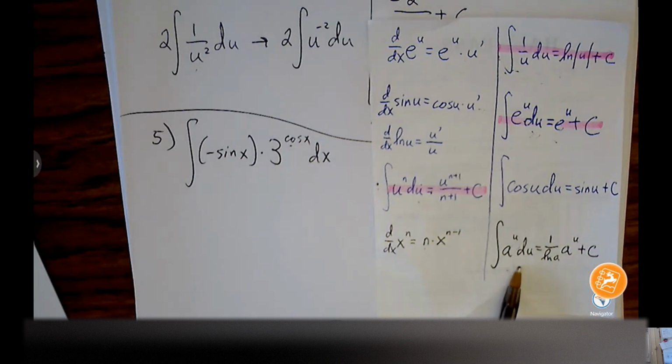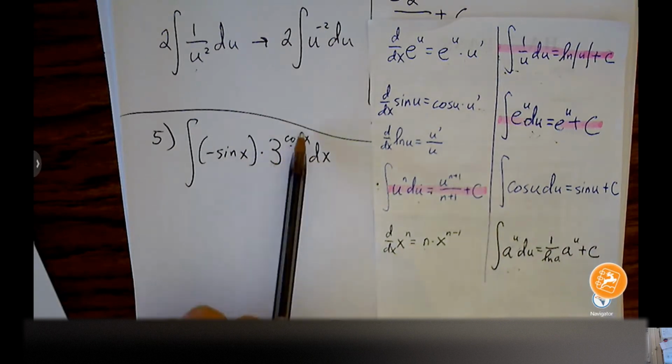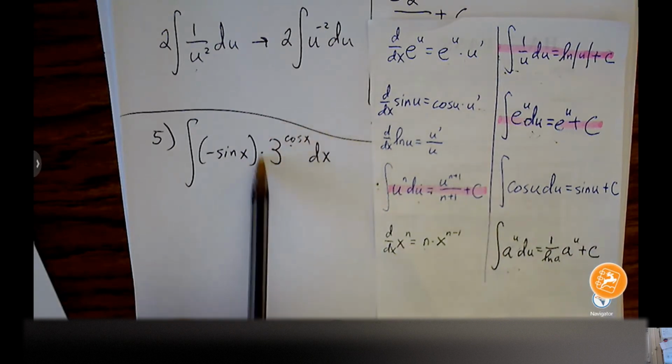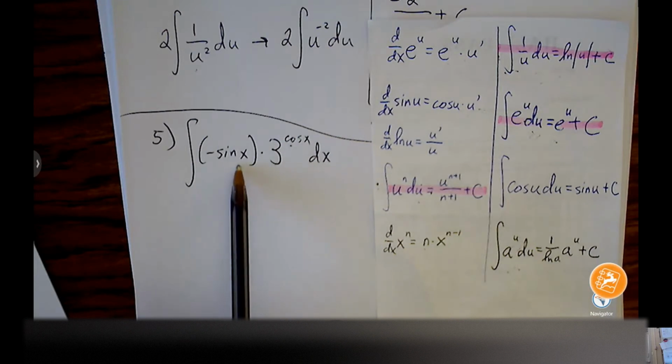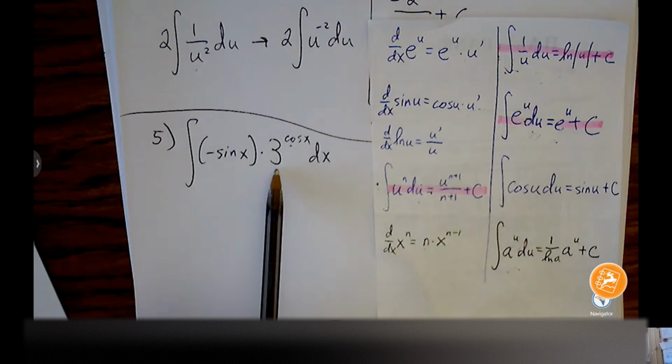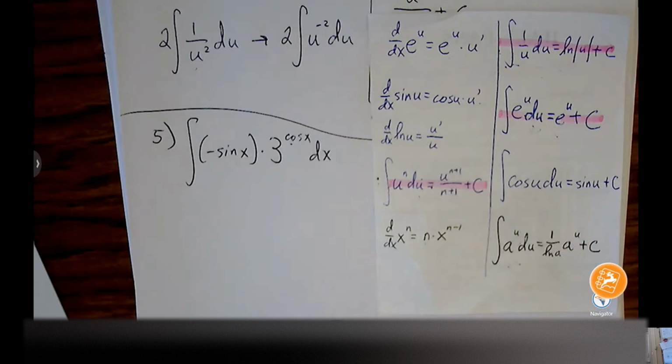Okay. Yeah, sometimes it's tough to see. But anytime you see a number raised to a variable, that's a red flag, right? We know that if we let the u value be anything else, that 3 is not going to go away. So we need to let that be the base, which is helping us match a rule that we can use.